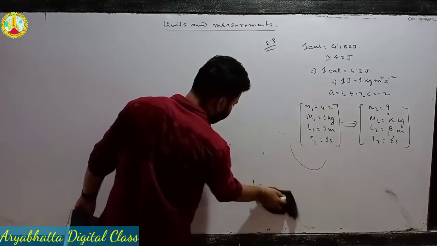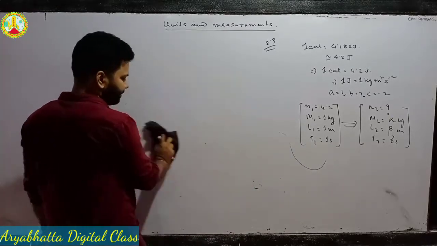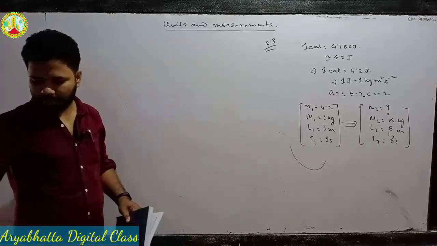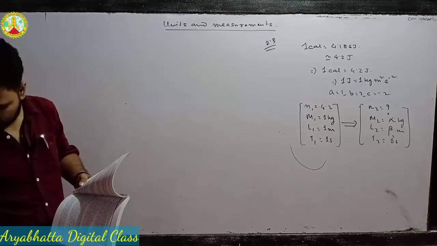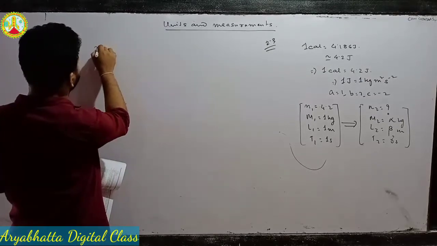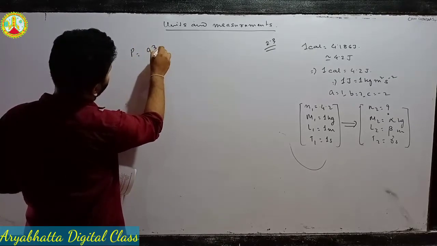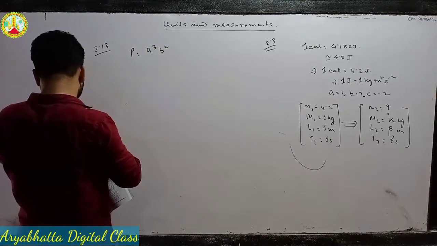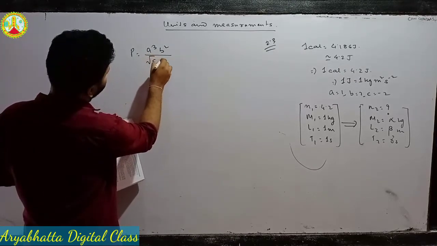Some physical quantity is there and it is represented by capital P. P is a cube b square divided by root over c into d.